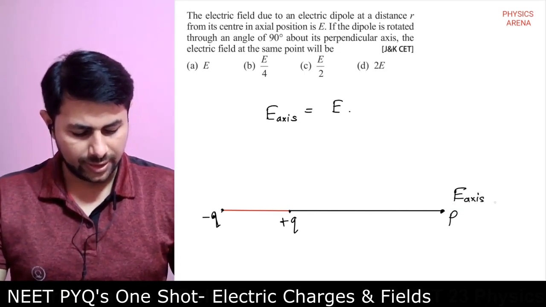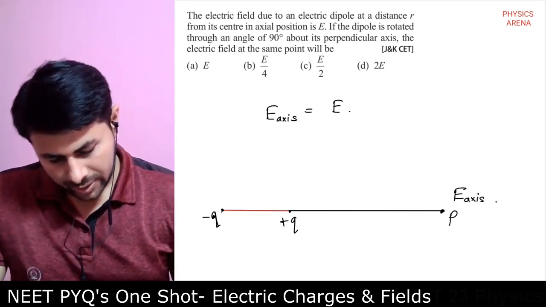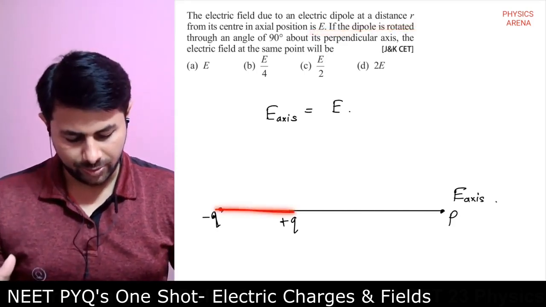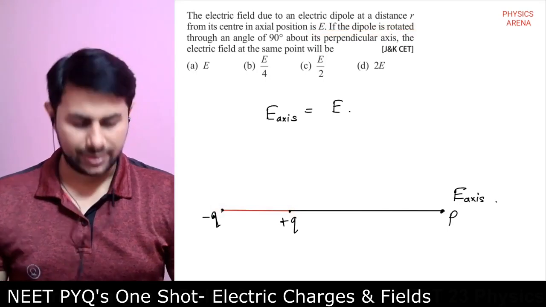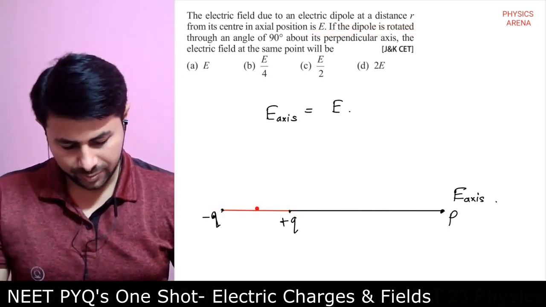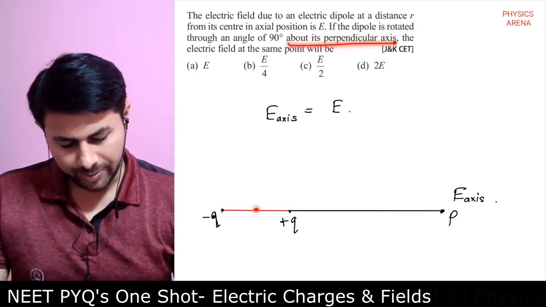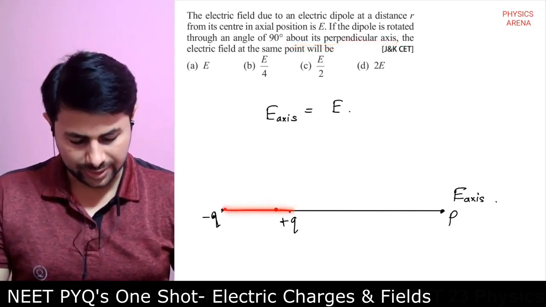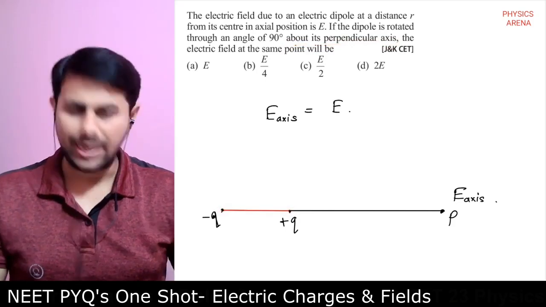So right now this is an axial point. Now if the dipole is rotated through 90 degrees about its perpendicular axis, what will happen? The axis is perpendicular to the plane of this paper.